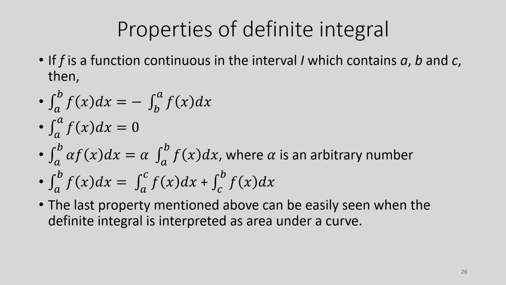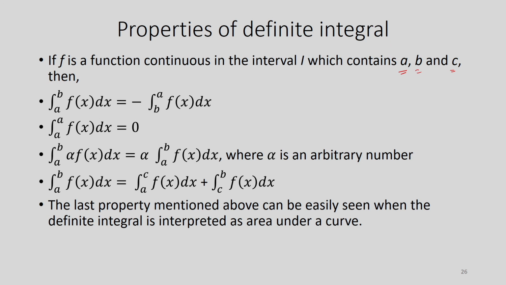Okay, we now talk about properties of definite integral. If small f is a function continuous in the interval I, which contains 3 points, let us say small a, small b, small c, then integration of a to b f x dx is equal to minus of integration of b to a f x dx.